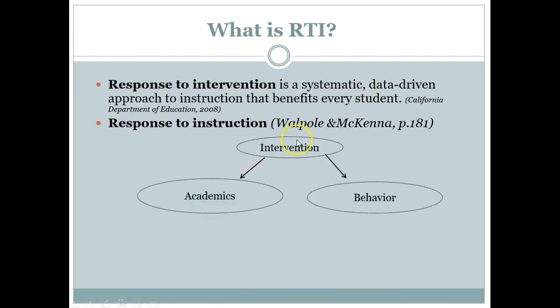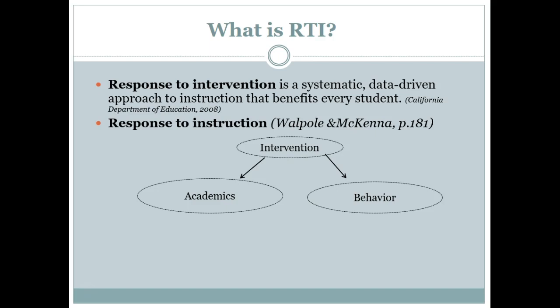Response to intervention can be applied to academics, not just reading even, can also be applied to mathematics or other content areas. And then it can even be done for behavior. So if you're having some chronic behavior problem students, where your current behavior management system is not effective, maybe you need to design a tier 2 framework or structure of support to give them so that they can be more successful.